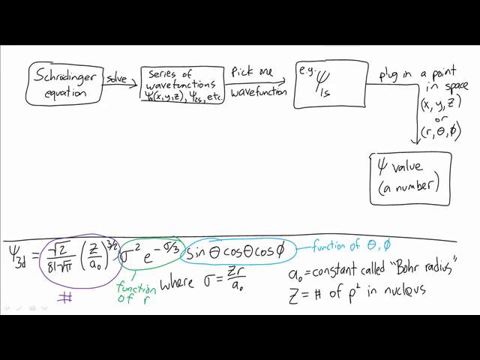Now, in actuality, this is a complex function. So those of you who've studied maybe imaginary numbers, like complex numbers have a real part and an imaginary part. This is actually a complex number with a real part and an imaginary part. Again, we're not going to do that part. So someone else has done each of these steps for us so far. All right. Then you take that number and square it.